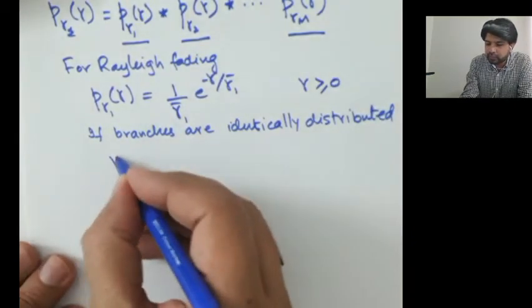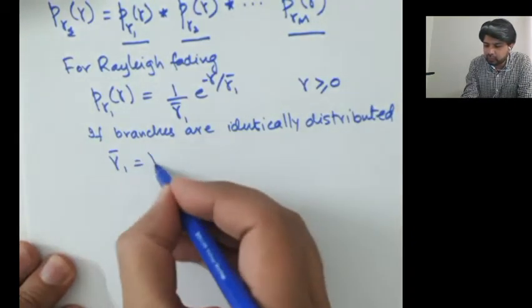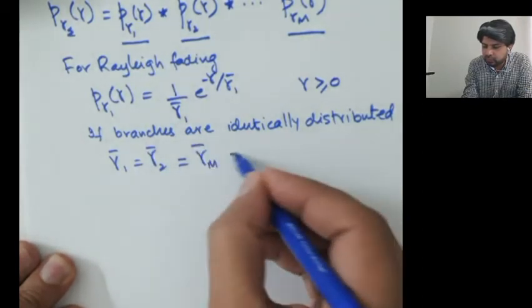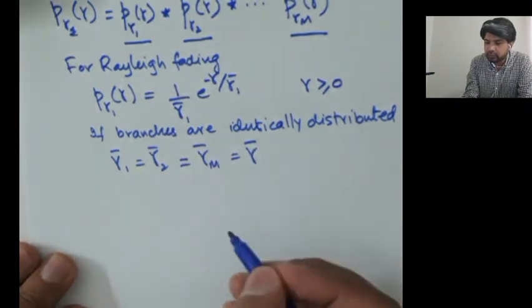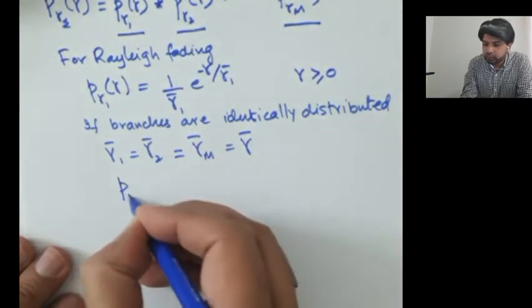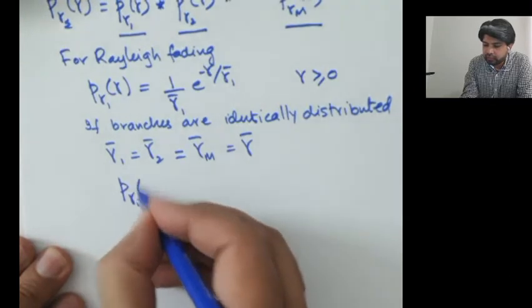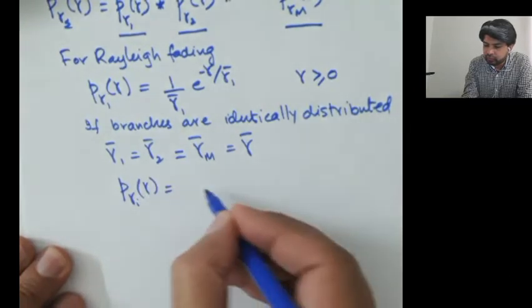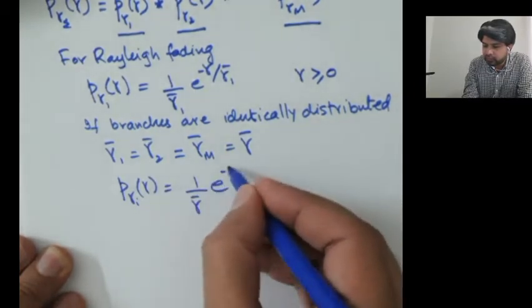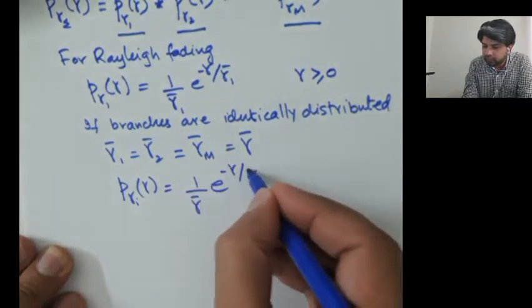So your gamma 1 bar would be equal to gamma 2 bar would be equal to gamma m bar, and let me call this gamma bar. So for any branch, your distribution P gamma I of gamma for the ith branch would be equal to 1 over gamma bar e to the power minus gamma over gamma bar.